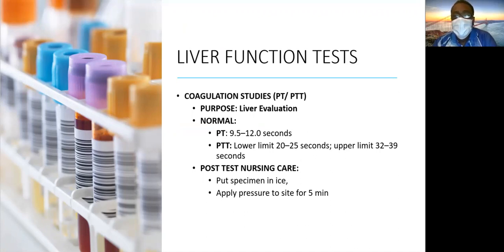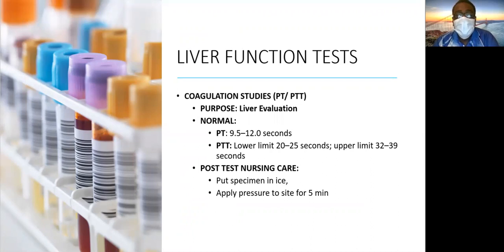The PT is often performed along with a partial thromboplastin time, which would be your PTT. Together, they assess the amount and function of proteins called the coagulation factors that are an important part of proper blood clot formation. So you will see the levels prolonged in hepatic disease.